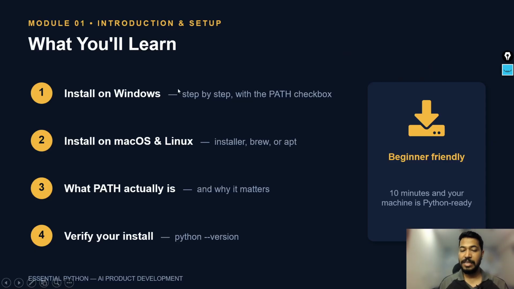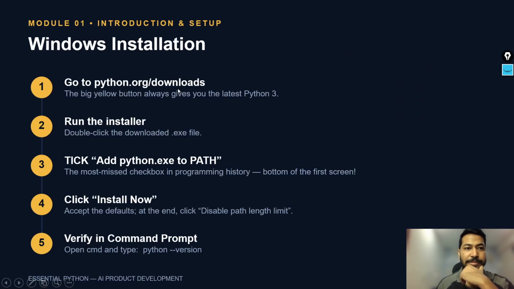Let's go to the presentation. So yeah, we went to python.org, the official website for downloading the Python distributions. Here I downloaded the latest distribution of Python and installed it using the installer. In terms of the steps, I have mentioned ticking Add python.exe to PATH. So in the path, that exe got added, right?